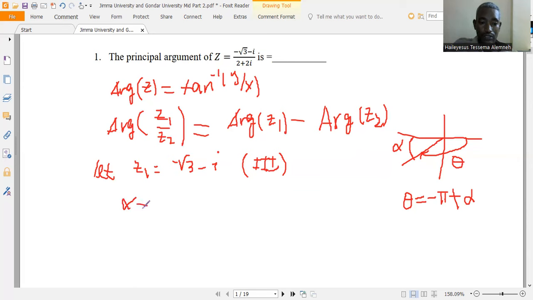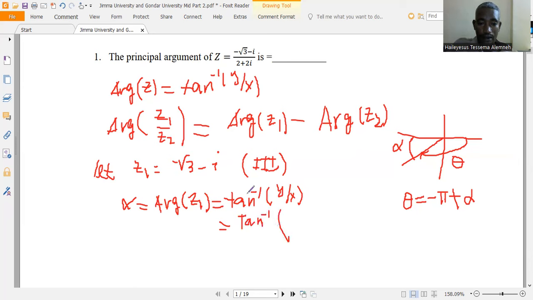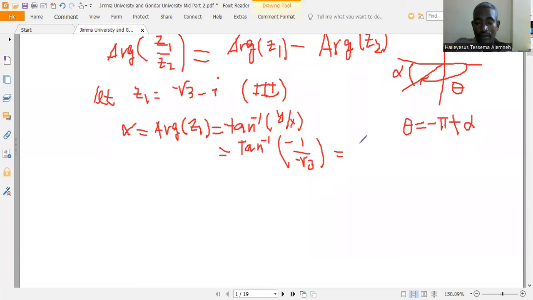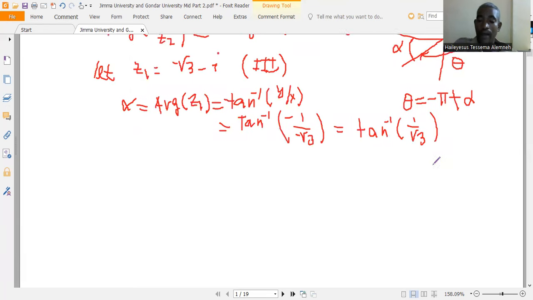Alpha is the argument of z1, which is tan inverse of y over x, which is tan inverse of minus 1 over minus radical 3, the same as tan inverse of 1 over radical 3.